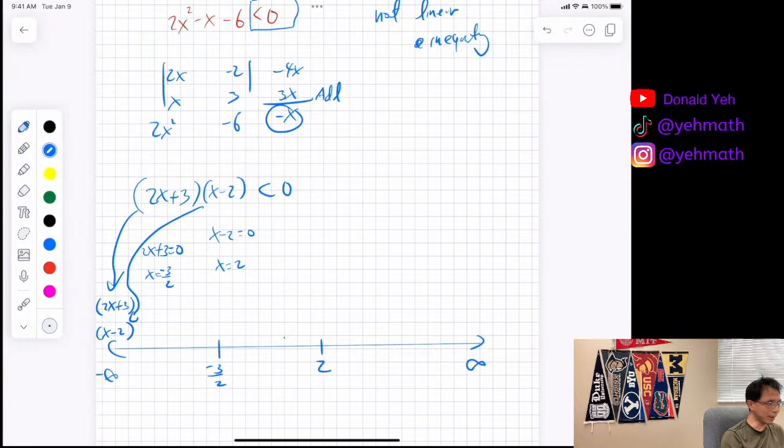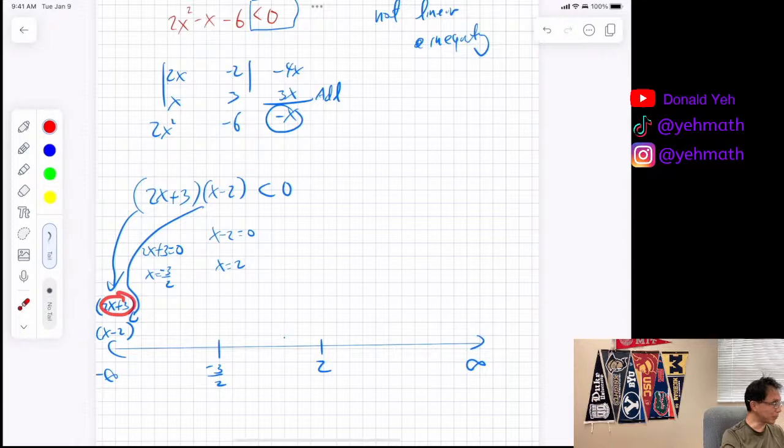I want to pick a number from negative infinity to negative 3/2. Can you tell me a number from negative infinity to negative 3/2? Any number. Negative 2. Good. Negative 2 is less than negative 3/2, right? Would you agree? Now I'm going to plug in negative 2 into here and into here. What sign am I going to get?